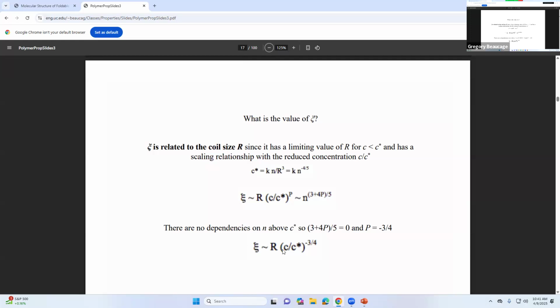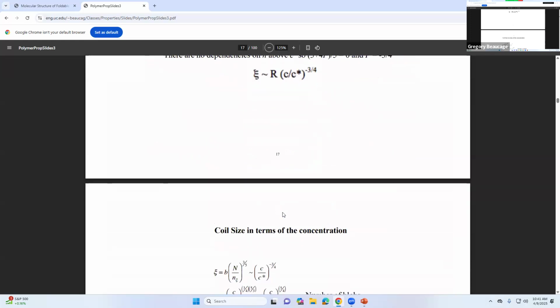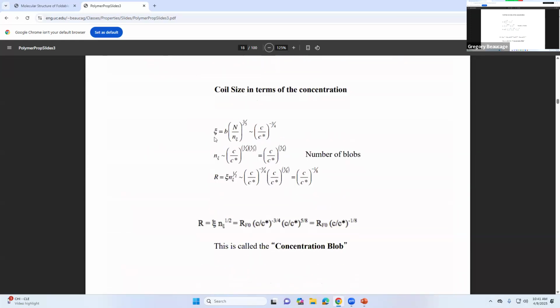And then you can ask about the coil size. Once you have that number, what is R? It's going to be Gaussian above that, so it's a Gaussian walk of blobs. You need to know how many of these concentration blobs there are, to the 1/2, which gives you R. The concentration blob size you can get from this, because it's a good solvent at the small scale.